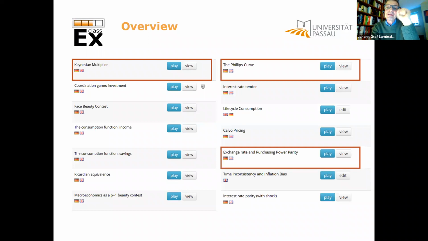And this is a nice game to play in the beginning, because students are suddenly alerted that macroeconomics deals with expectations, that outcomes depend not alone on optimal individual behavior, but on the interaction with others. And therefore, this can be a nice start at the first course in macroeconomics.